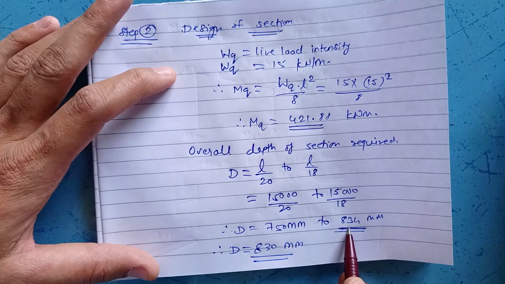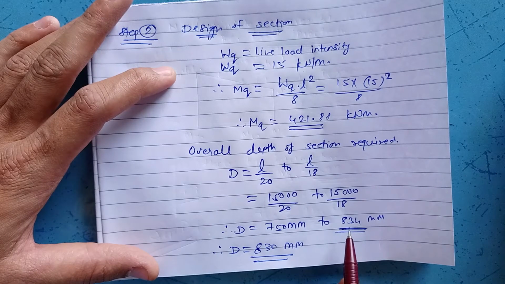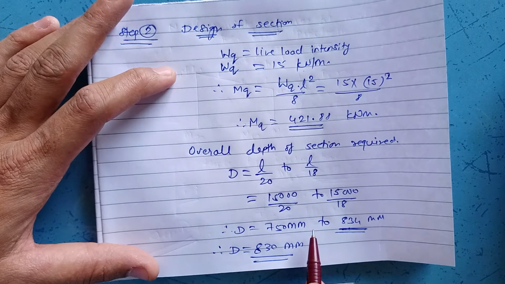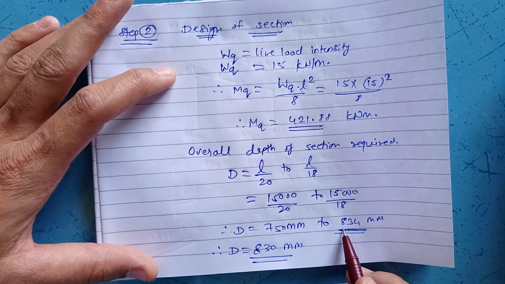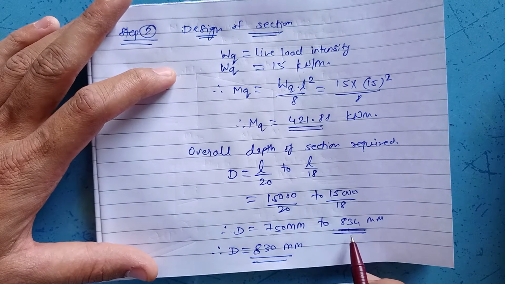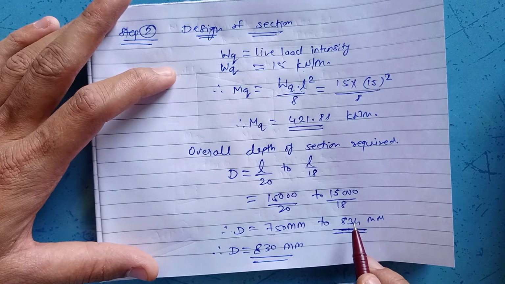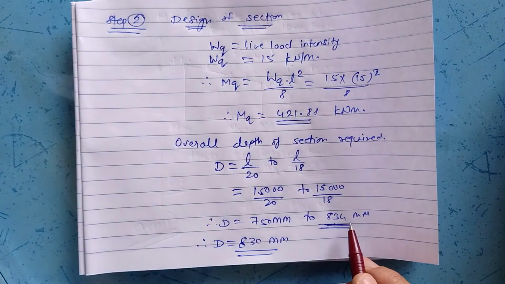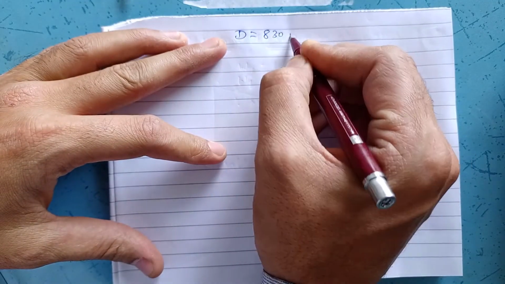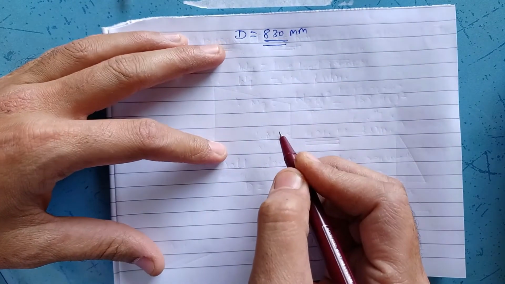If you are supposed to design the economical section, then you consider an intermediate value of overall depth D and do all the calculation on a trial and error basis to achieve the economical section. But from an exam point of view, consider overall depth D on the maximum side so that at the end all the checks will be satisfied. Now we have calculated D and considered our overall depth as 830 mm.